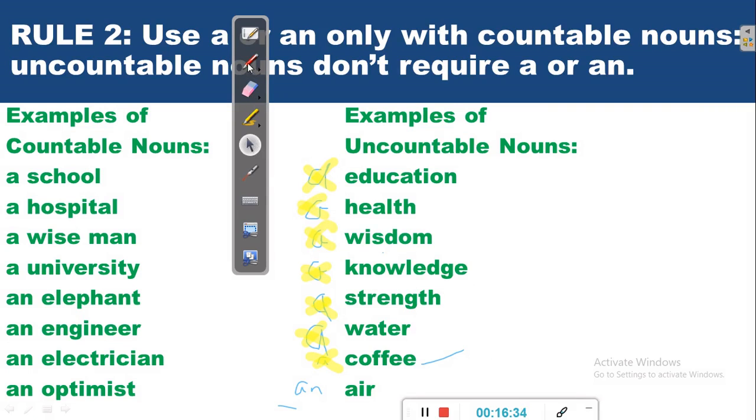So if you are talking about a coffee, then in this case, you are talking about a cup of coffee.